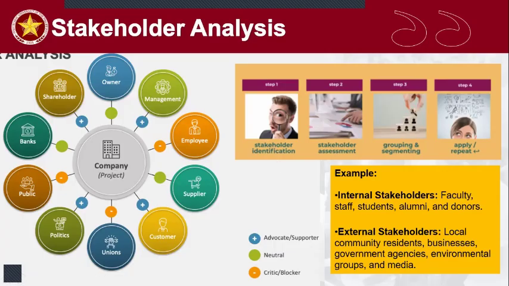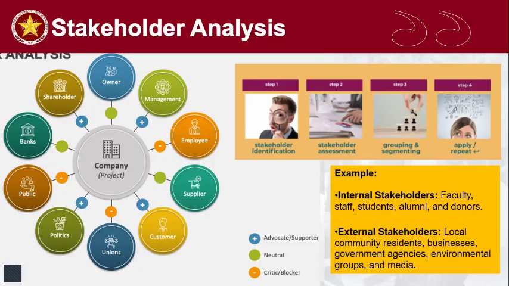So we tend to assess on step 2 for this. Will they be supporting us? Will they be hindering us? Or will they be neutral? Or just being affected by others? So after we have grouped them in the third step, we tend to apply.